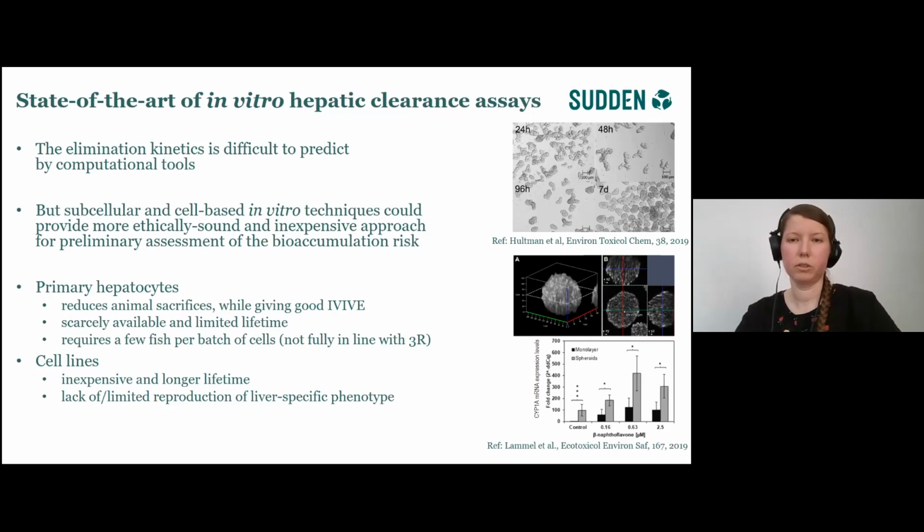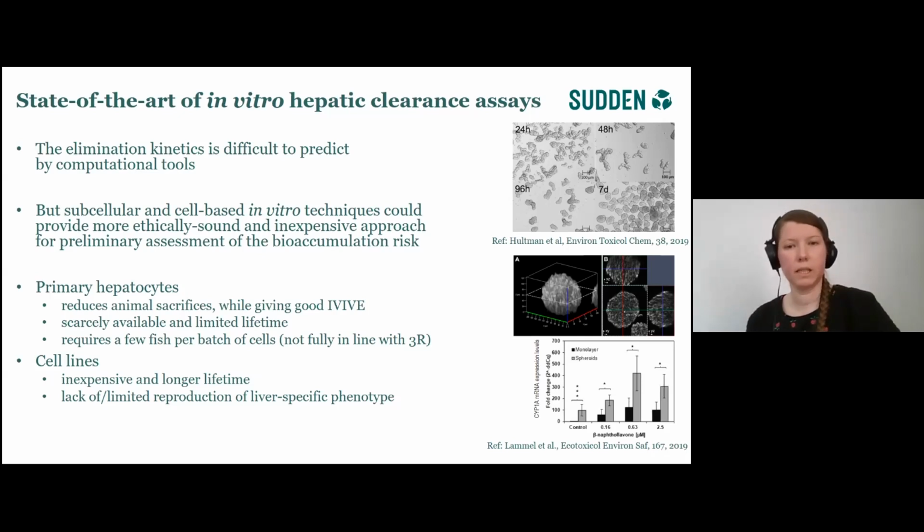And also the enzyme activities in the cells are comparable to what happens in vivo. So the in vitro in vivo extrapolation is quite good. Although the cells have a limited lifetime, so we need to extract the cells every time we make the experiments. So it's not fully in line with the 3R principles that we need to reduce animal use.